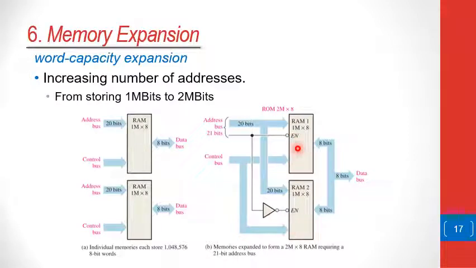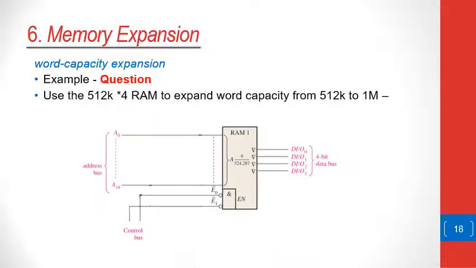It will be connected so that not both of them are on at the same time. So when bit number 21 is low, only RAM1 will be enabled, and when bit number 21 is high, RAM2 will be enabled. And then this will result in the whole memory system having twice as many addresses to store the information.